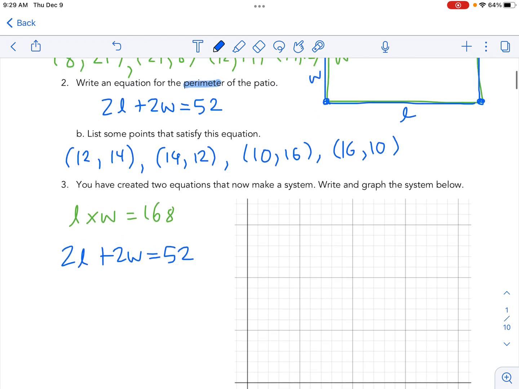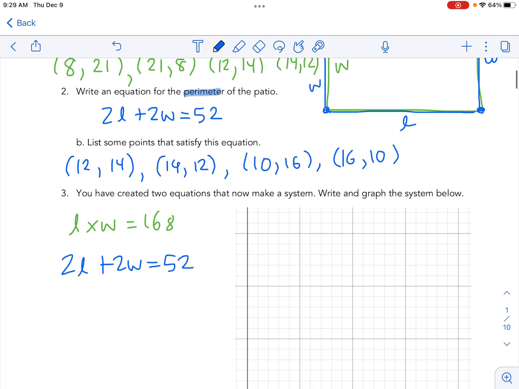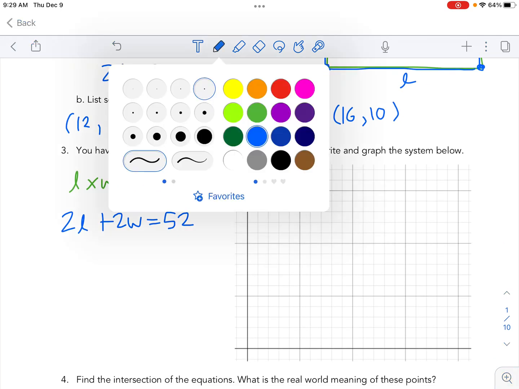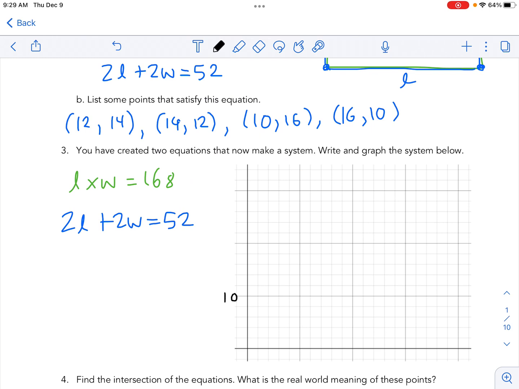But let's look at the graph. We've got enough points up here to graph this. So I've got numbers in the 8, the littlest is 8, biggest is 21. So I think what I'm going to do is count by tens here. And that way each one of my boxes is 2s.